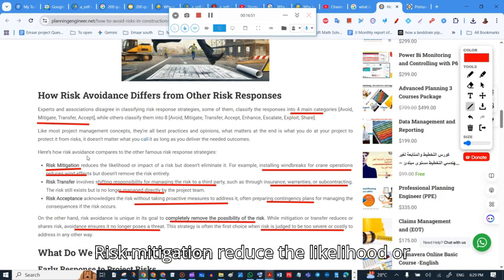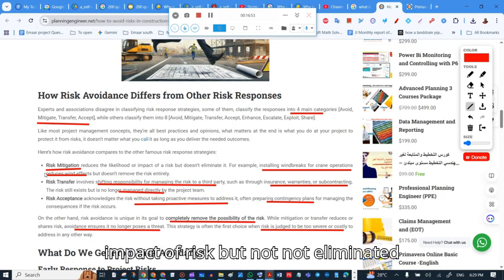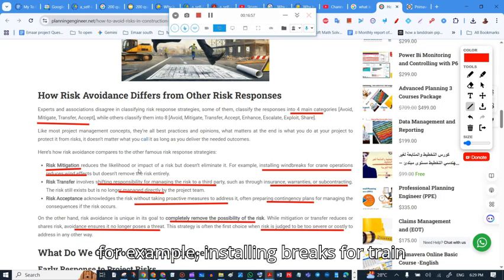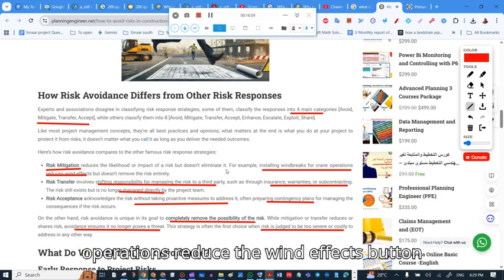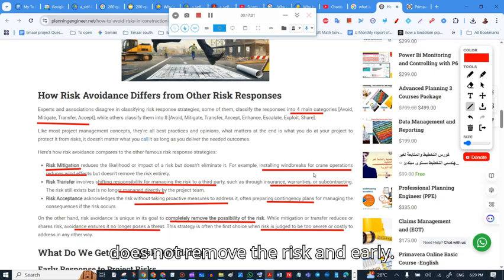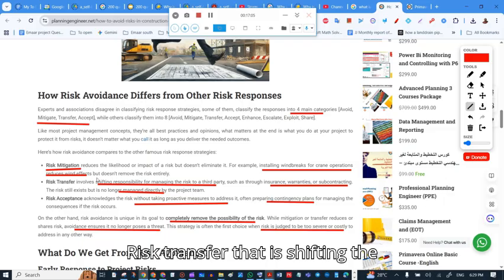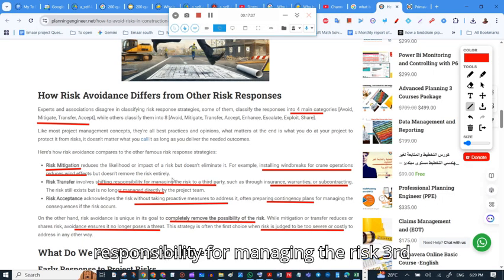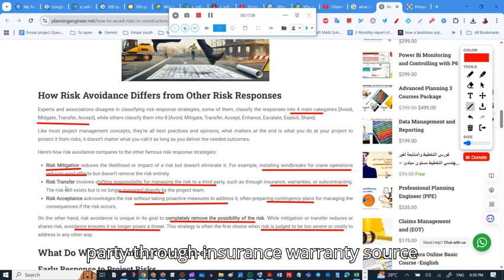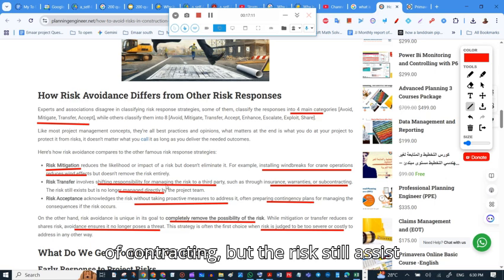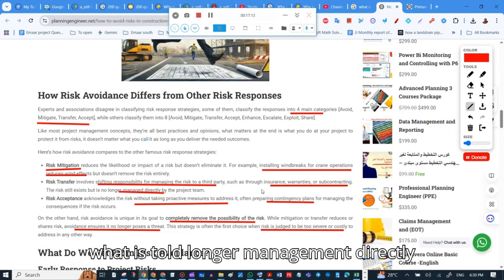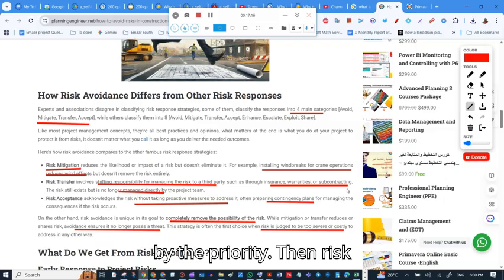Risk mitigation reduces the likelihood or impact of a risk, but does not eliminate it. For example, installing windbreaks for crane operations reduces the wind effects, but does not remove the risk entirely. Risk transfer is shifting the responsibility for managing the risk to a third party through insurance, warranties, or subcontracting. The risk still exists, but is no longer managed directly by the project team.